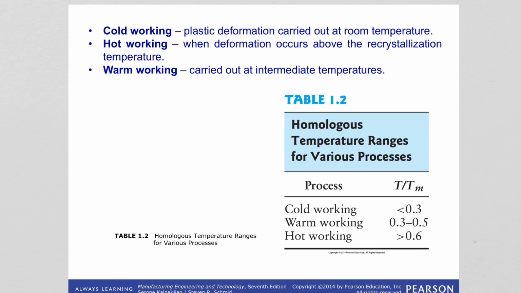So if we look at some terminology here, when we said cold working, we are talking about deforming the material at room temperature, and sometimes we need to do hot working, basically work on the material above the recrystallization temperature. So there are many parameters why we cold work or hot work.